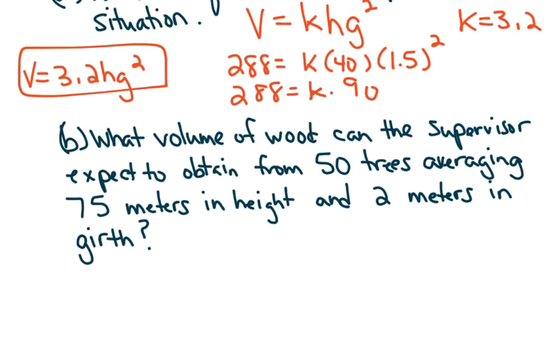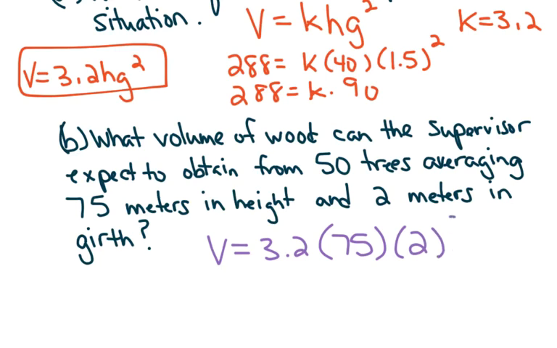So we're going to start by plugging in 75 for the height and 2 for the girth. 3.2 times 75 times 2 squared is 960. But that's not the final answer because we want to find the volume from 50 trees.